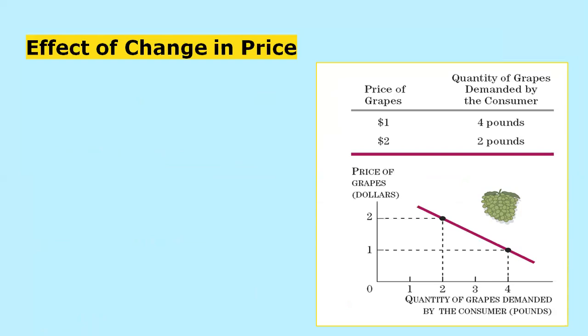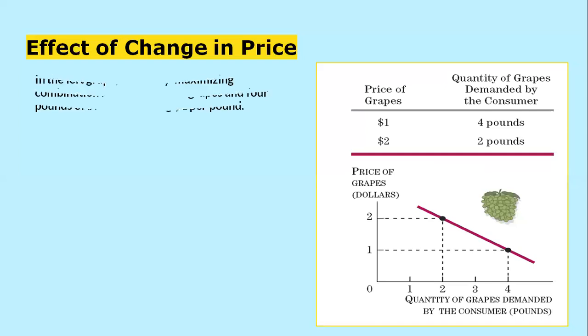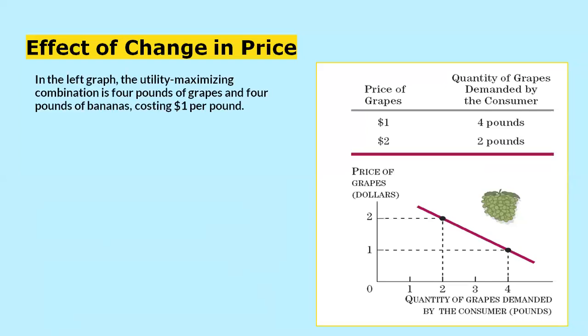Effect of change in price. In the left graph, the utility maximizing combination is 4 pounds of grapes and 4 pounds of bananas, costing $1 per pound.